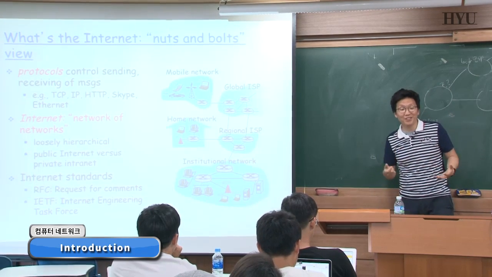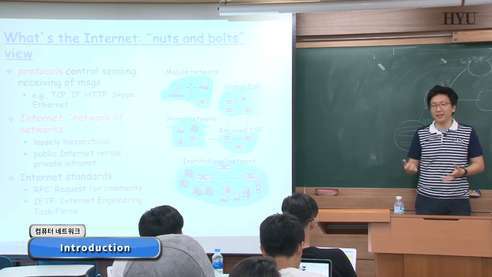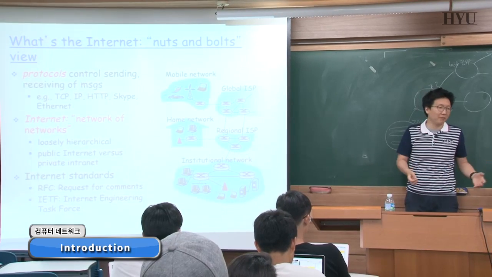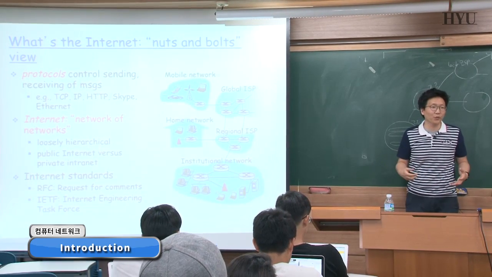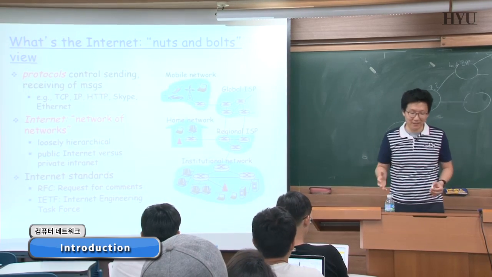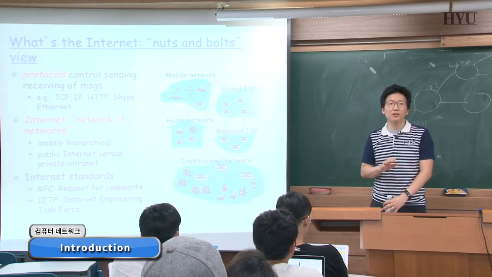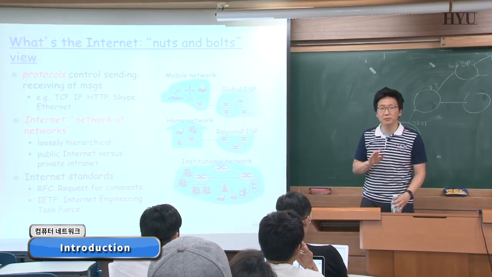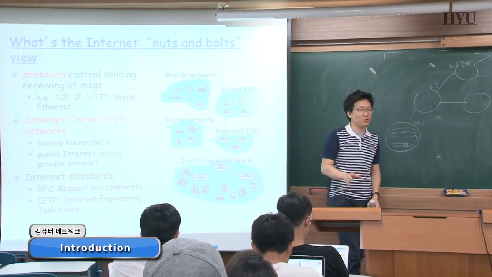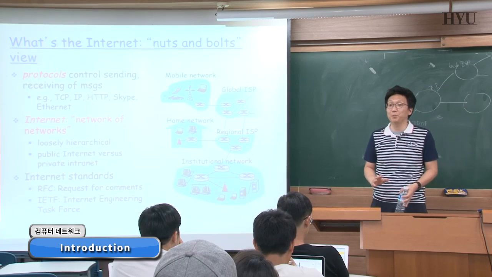If you want to build your own web browser, for example, you hate Internet Explorer, Chrome, Opera, Safari, so you want to build your own. I don't know how crazy you are, but let's say you wanted to. Then your web browser must follow the standards discussed in RFCs. Otherwise, your web browser won't be able to talk to any other web servers in the world.